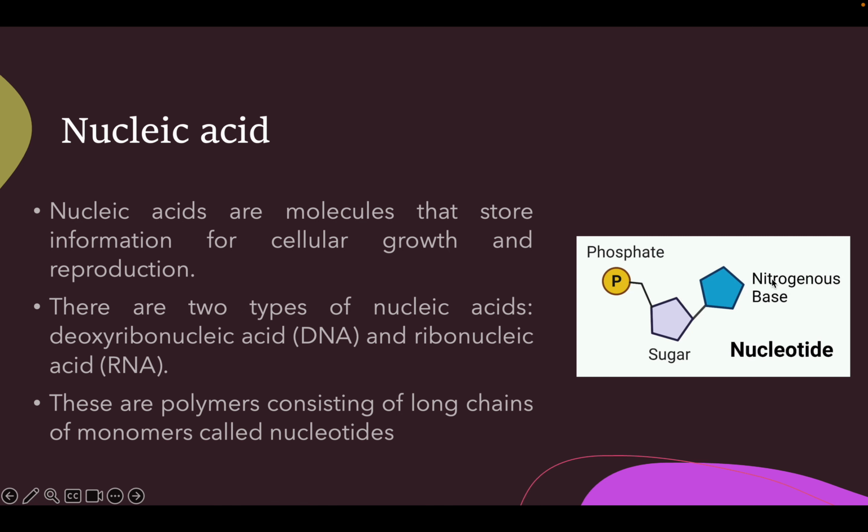So here you can see we have a nitrogenous base, which we will talk about. And then it consists of a sugar molecule, pentose sugar, which is different for DNA and RNA, because this sugar in case of the DNA will be the sugar without hydroxyl group, which is deoxyribose, and in case of the RNA it should be the ribose, and then a phosphate group which is linked to this sugar using the ester bond.